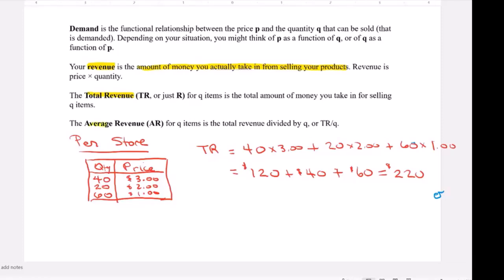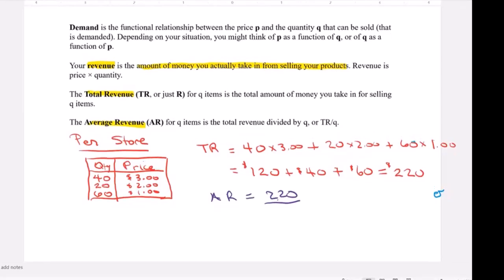If I want to know my average revenue, I do what I would normally do to find an average. I add up all the money, which I already did, so we have $220. Then I want to know how many pens I sold, so I'll add up my quantity. This is 120.